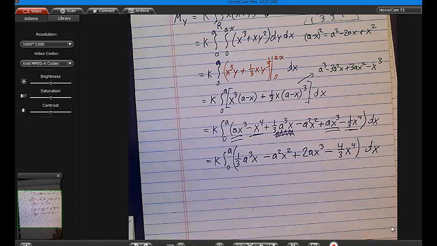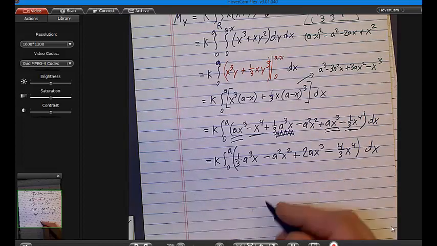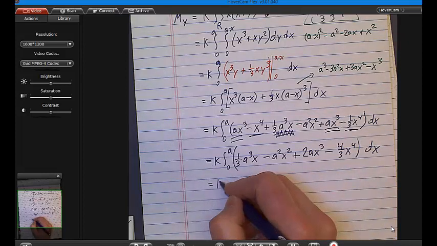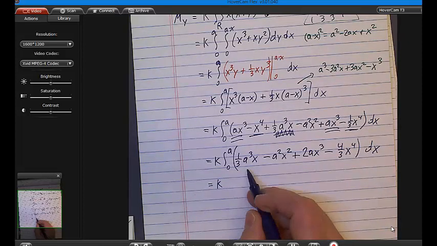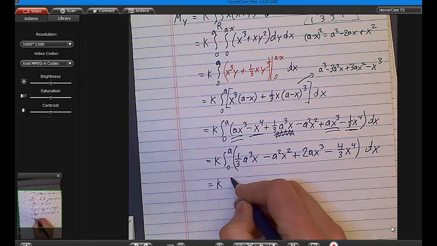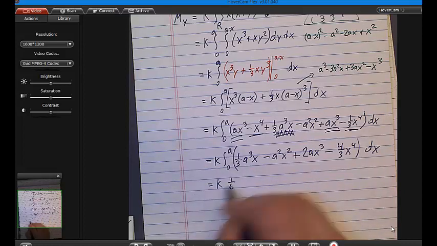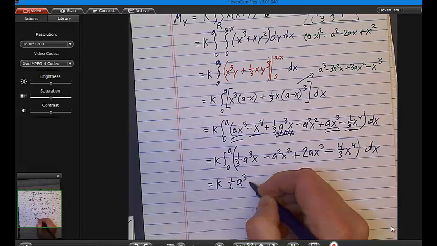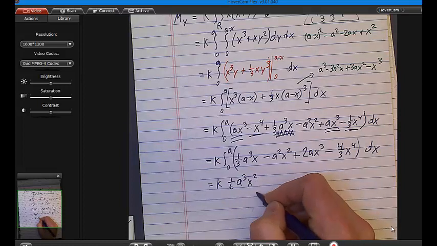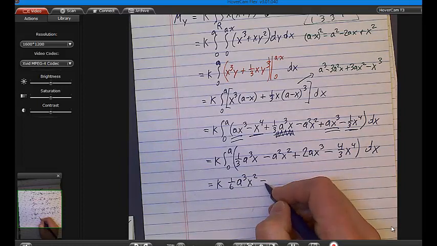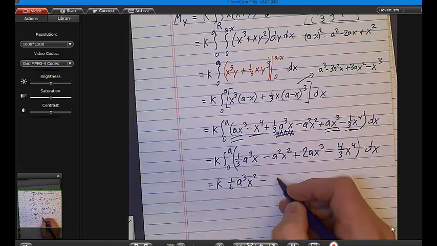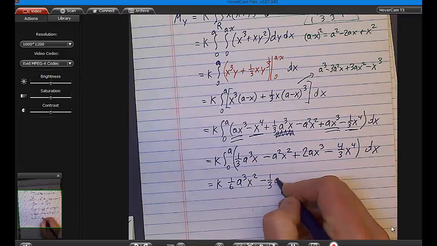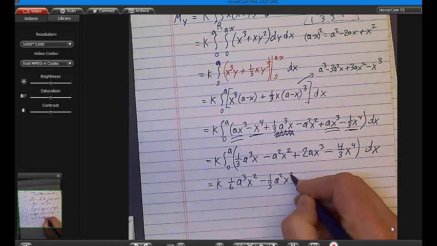We doing okay? So now when I integrate, this is, let's see, 1/6 a cubed x squared minus 1/3 a squared x cubed plus.